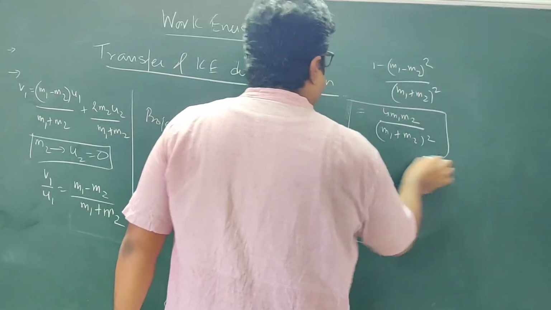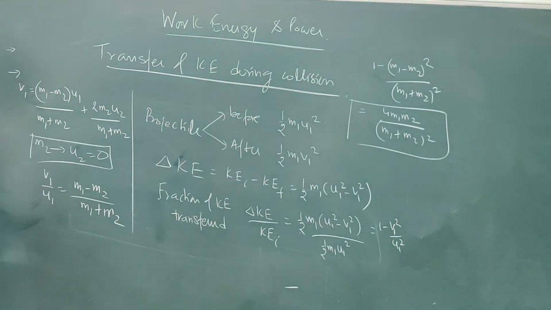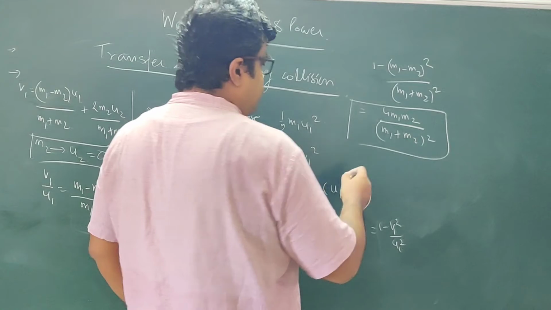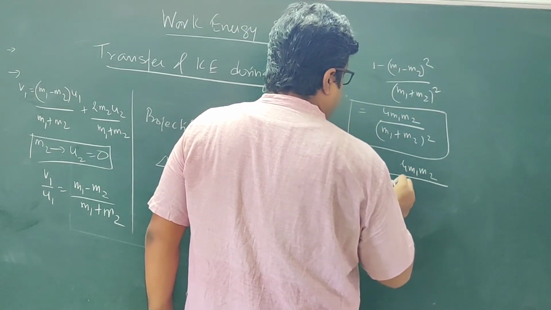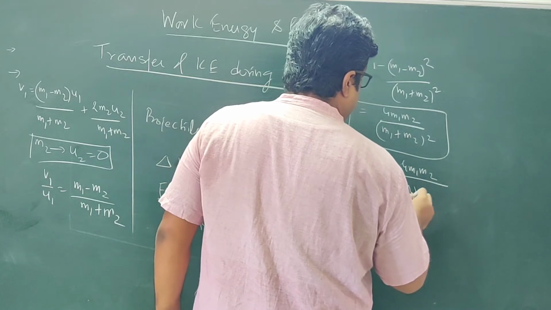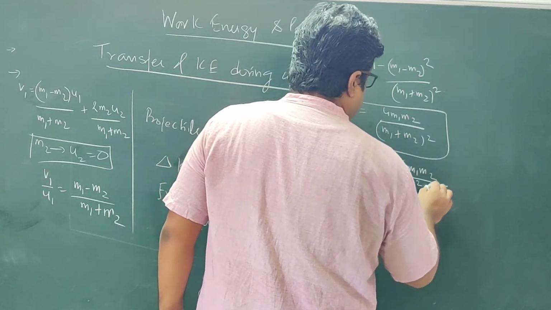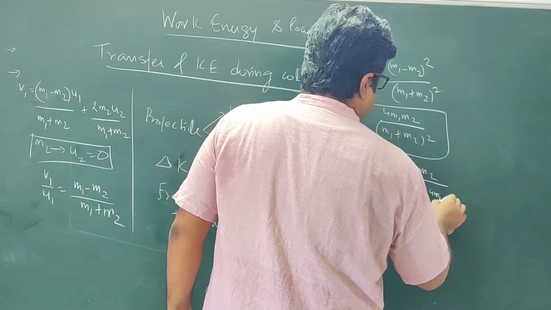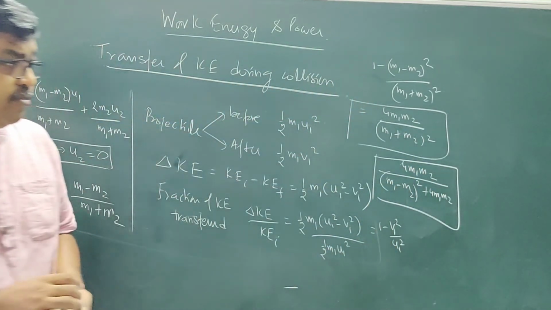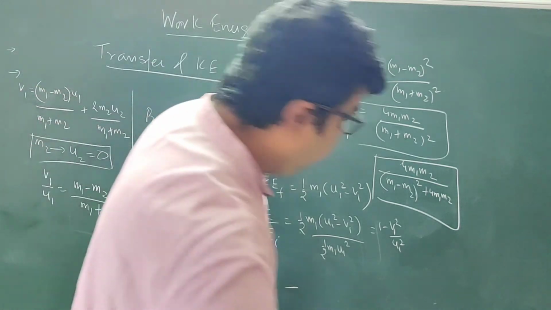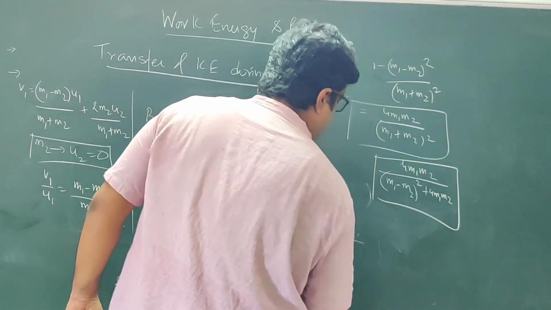So this is the fraction of kinetic energy that is transferred. Now I can rearrange this as 4 m1 m2 divided by m1 minus m2 whole square plus 4 m1 m2. I can rewrite it like this.